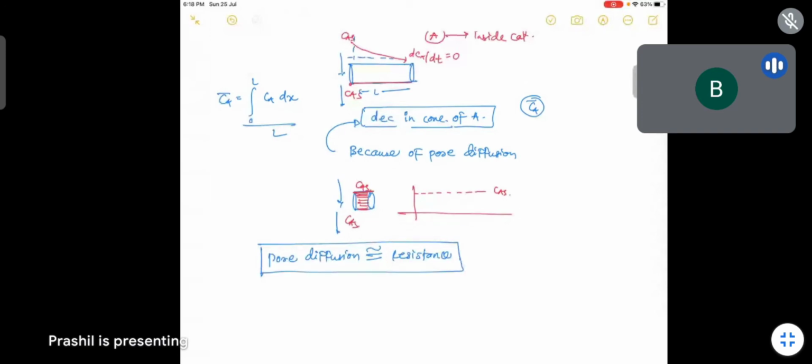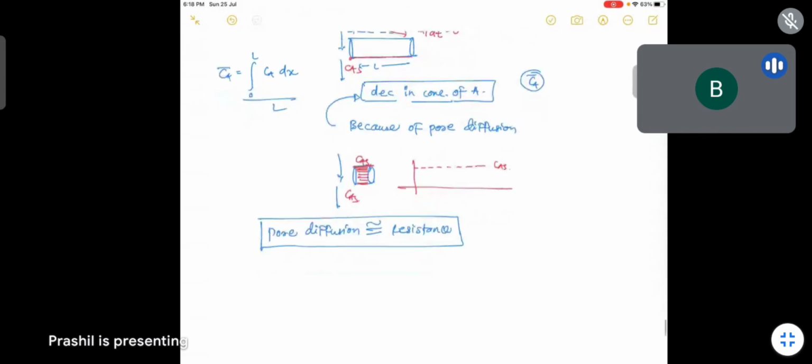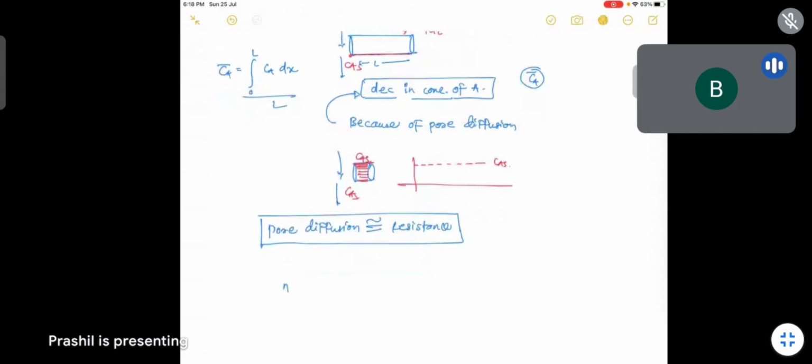So if I write one formula where I define effectiveness factor as eta, you can see the formula is comparing your rate of reaction when there is pore diffusion and when there is no pore diffusion, right?